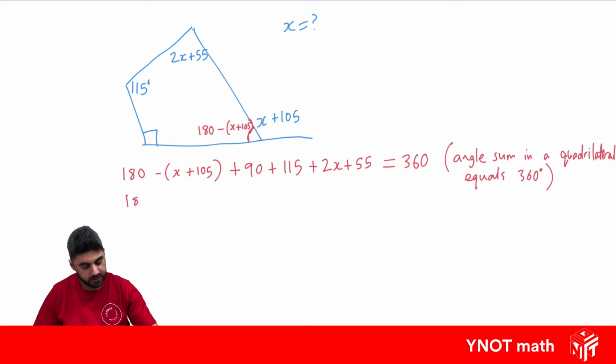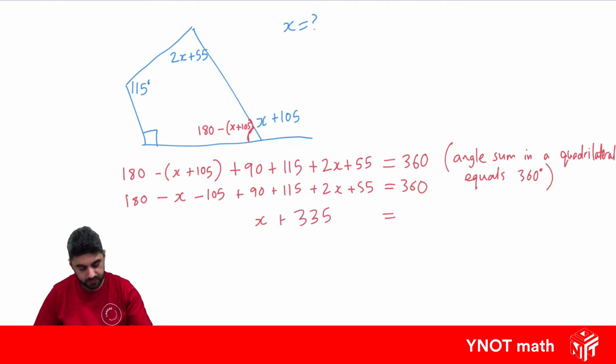So let's just expand our bracket: 180 minus x minus 105 when we expand out the minus, plus 90 plus 115 plus 2x plus 55 equals 360. Let's collect our like terms. So 2x minus x is just going to be x, and all the numbers added together is going to be 335, equaling 360.